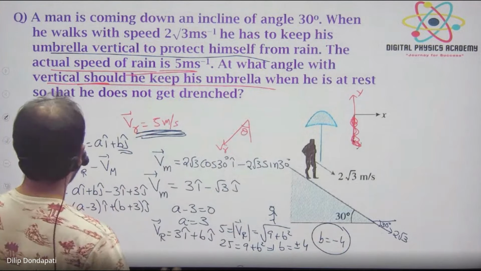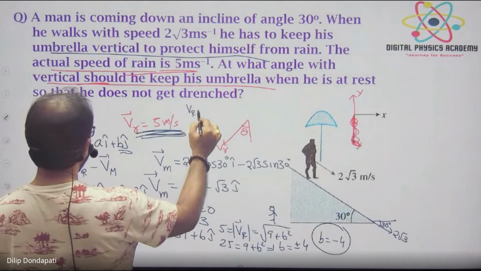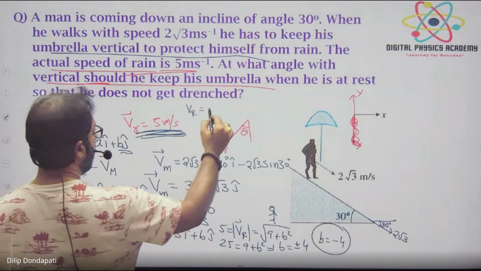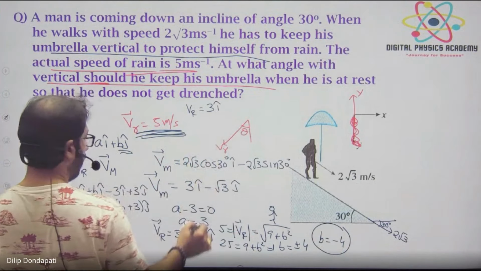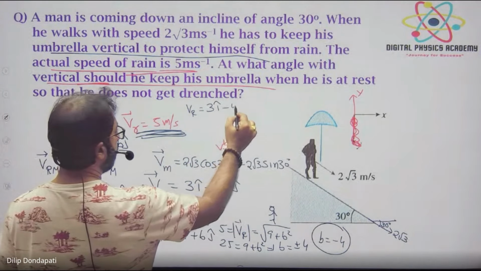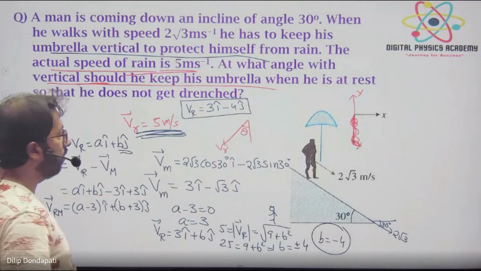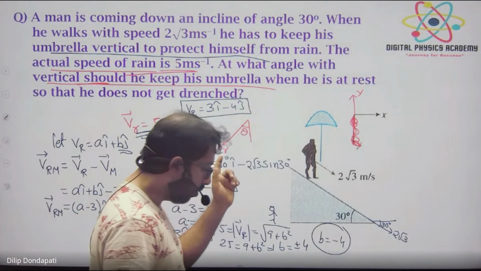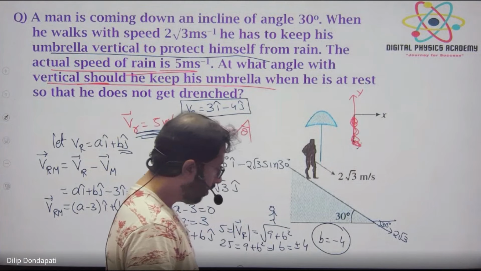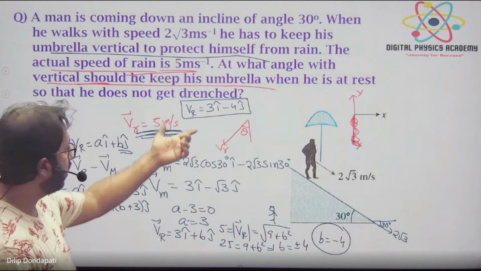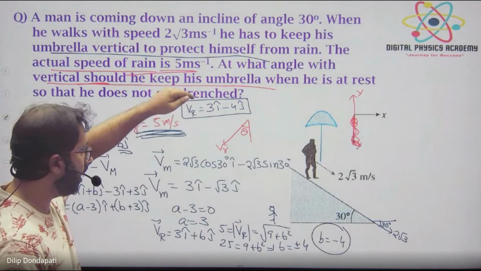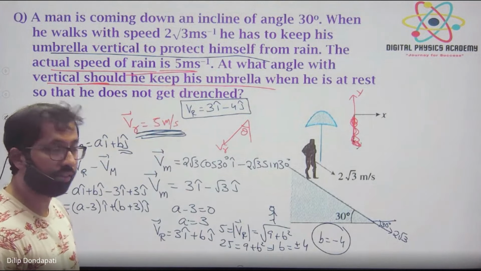Now substitute here. VR is equal to 3i cap minus 4j cap. This is the velocity of rain we got. Now try to find the angle of the velocity of rain, theta. Find it, how much will it come? It will be 37, 3/4.